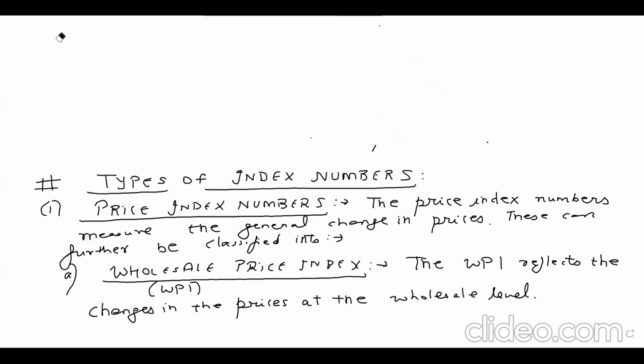But this is just the theory to help all students understand the important terminologies. So part B is retail price index numbers, or I can also say consumer price index numbers.